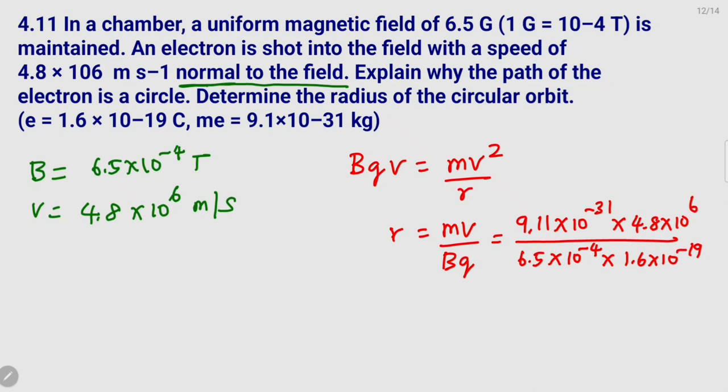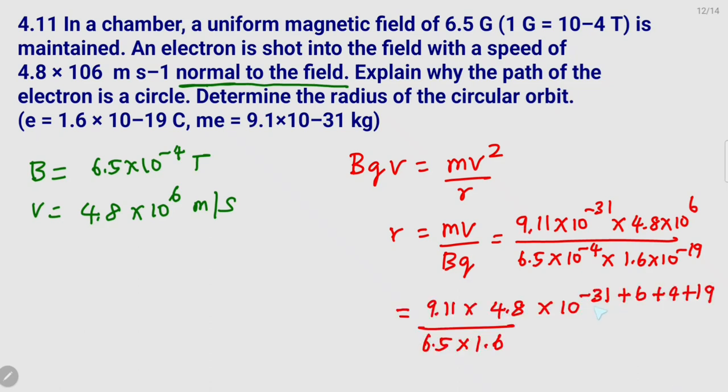Mass of electron, basically if you know beforehand it will be good. Mass of electron, mass of proton, charge of electron and all, if you know them by heart, it will be easy for you. Anyhow, it is given here, so I have just substituted. See, if you look at the powers, I have written it in this way. So everything gets cancelled, almost. Minus 10 plus 6 plus 4 plus 29, so minus 31 plus 29, so minus 2.